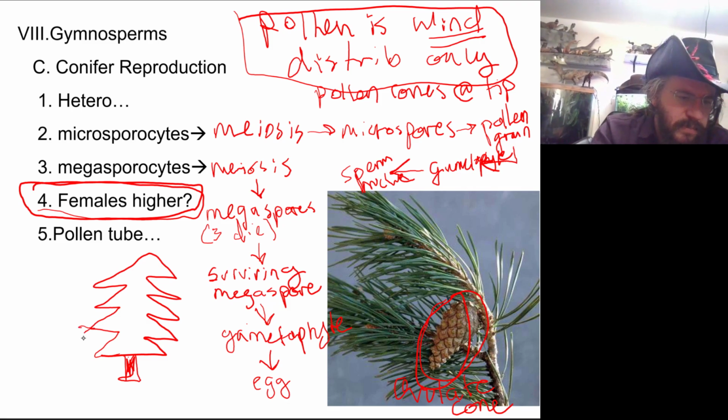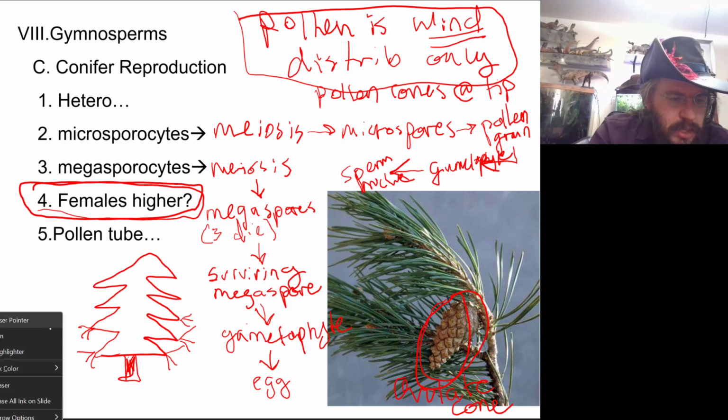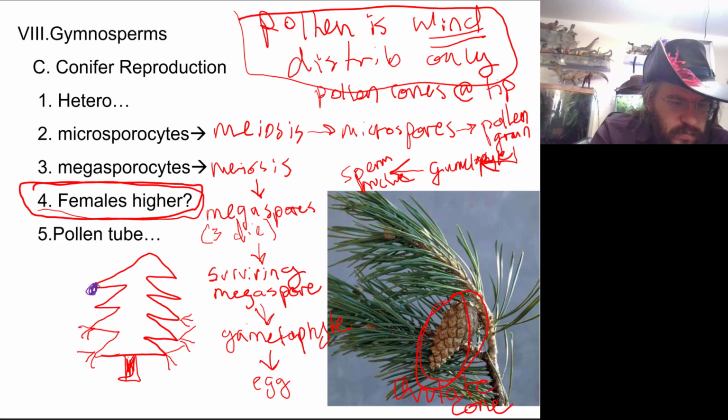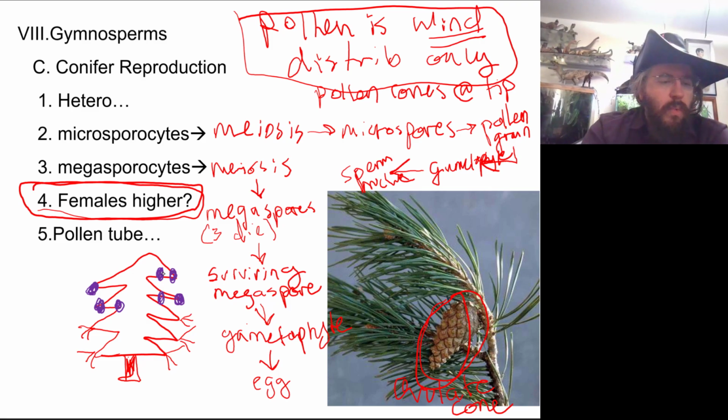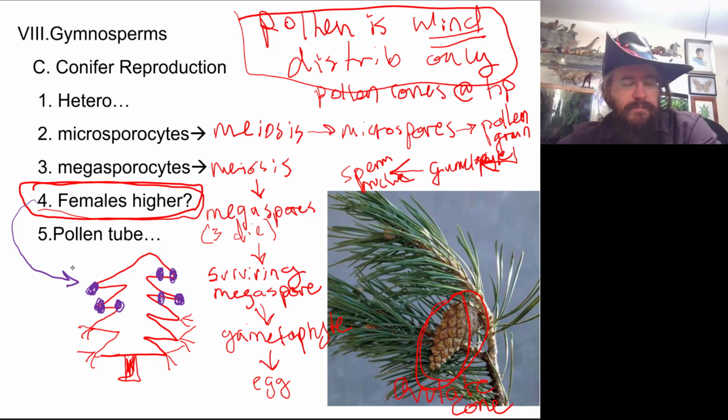So here's some staminate cones, and then here's some ovulate cones. This is looking unnecessarily Yuletide, but whatever. Why are ovulate cones higher up in the tree?